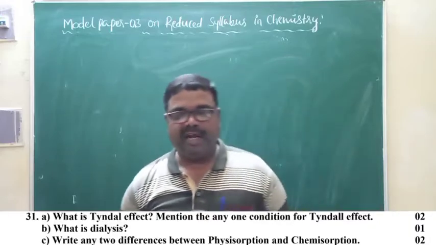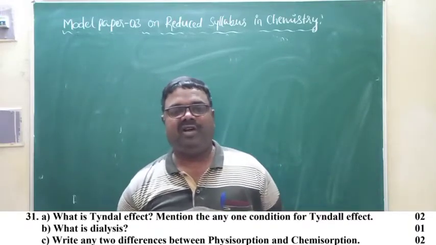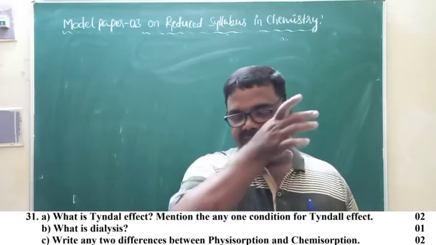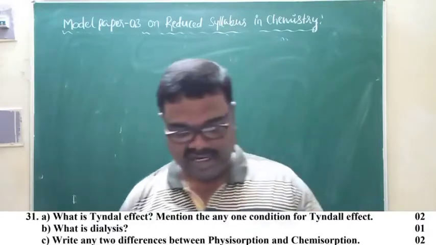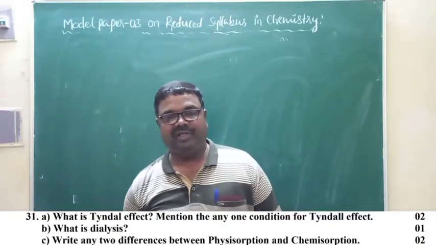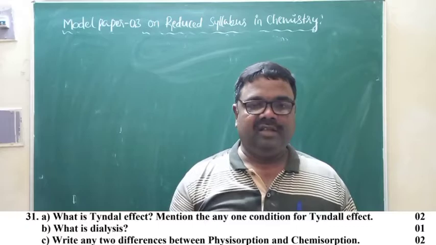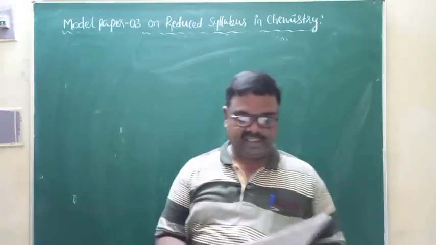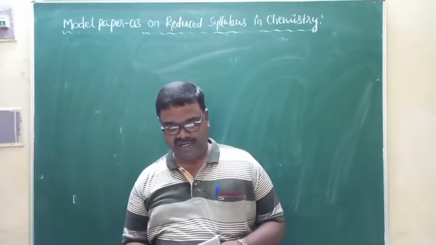No surface compound is formed in physical adsorption, whereas chemical adsorption involves formation of surface compounds. Physical adsorption is reversible, whereas chemical adsorption is irreversible. You can write any two differences like this. So these are the differences between physical adsorption and chemical adsorption.